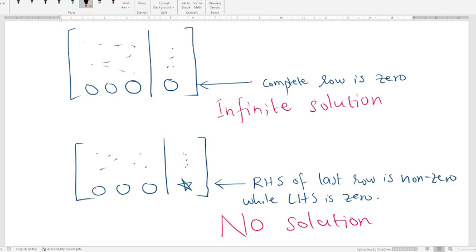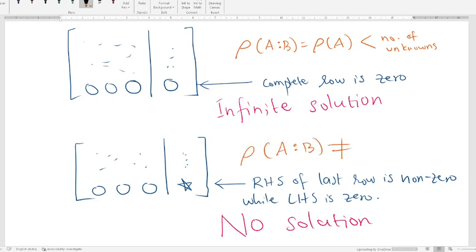So here, the first case means the rank of A colon B is equal to the rank of A, and it is less than the number of unknowns. In this case, the rank of A colon B is not equal to the rank of A. Because when we're calculating the rank of the augmented matrix, this is counted as non-zero, right?